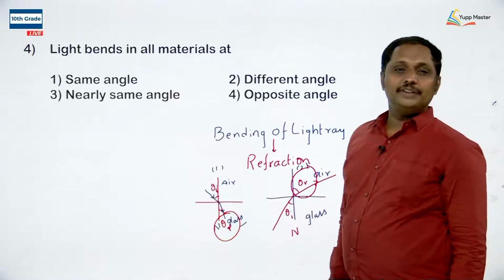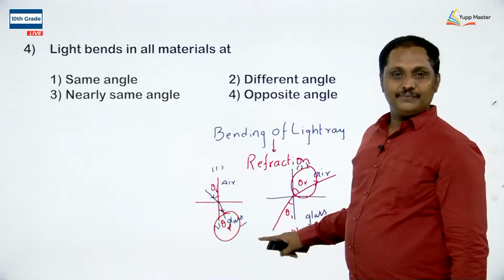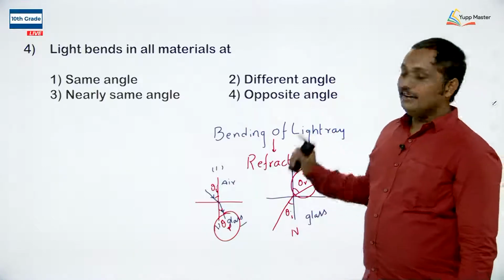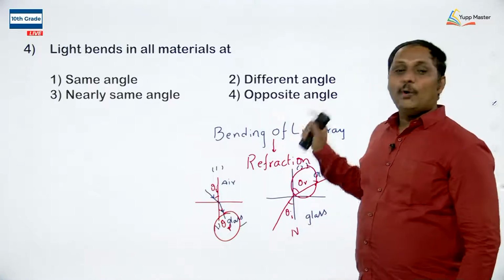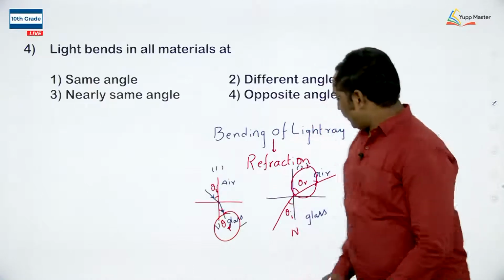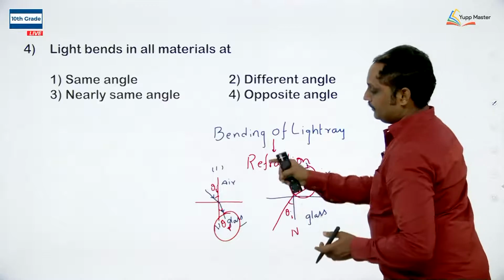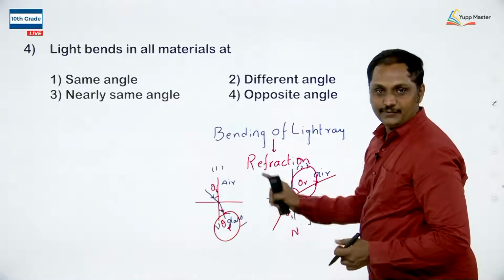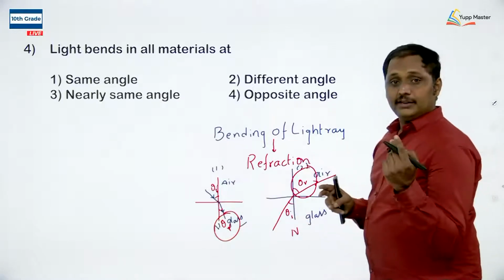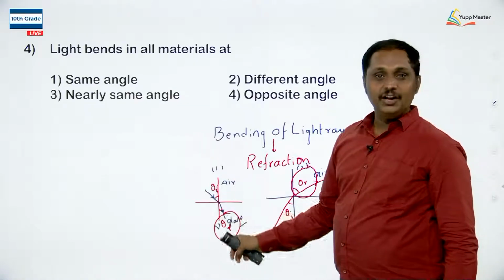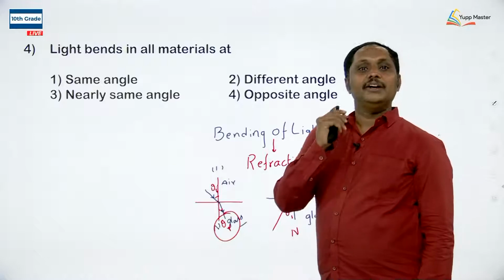What can you conclude from these two case studies, first and second? Same angle or a different angle, nearly same angle or opposite angle? You can simply conclude that when light enters from air to water, the angle is small. While measuring the angle of incidence and angle of refraction, the normal is the only reference.